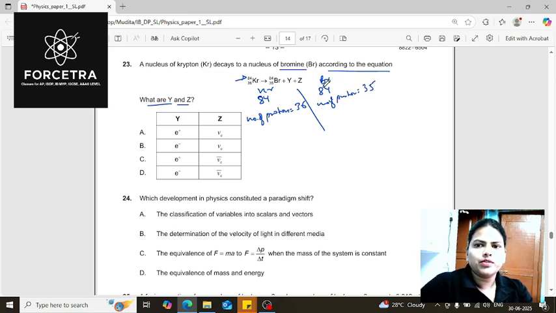So one of the protons converted to a neutron. When this happens, it is beta positive decay, in which one positron is ejected. If the proton is converting to a neutron, then along with the neutron, a positron would be ejected plus a neutrino would be ejected. The neutrino is a particle and it's the antiparticle. So A is the correct option.